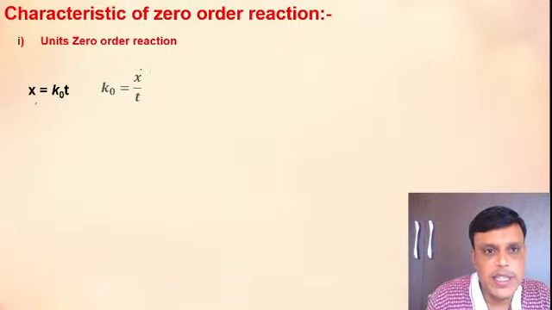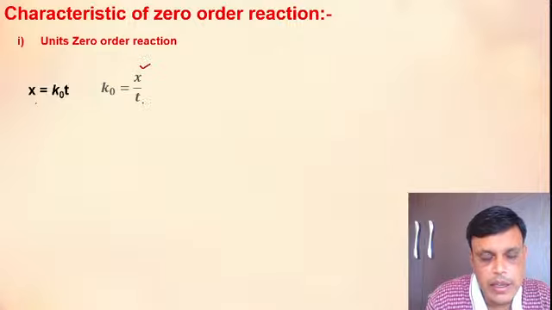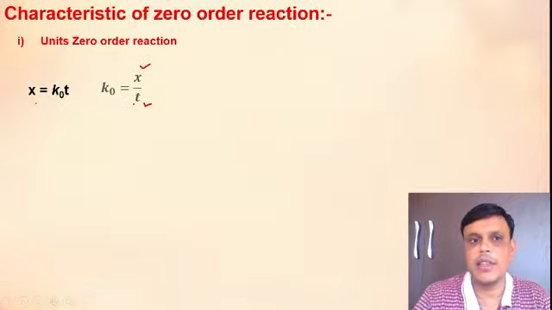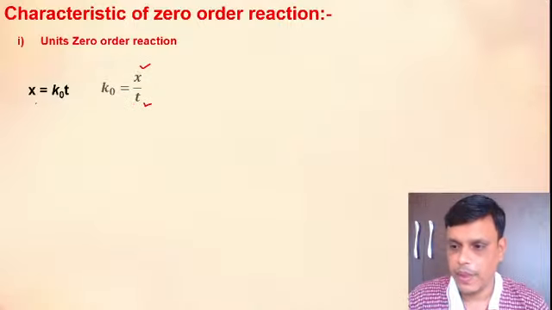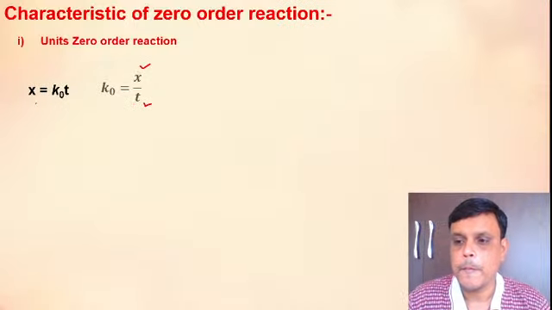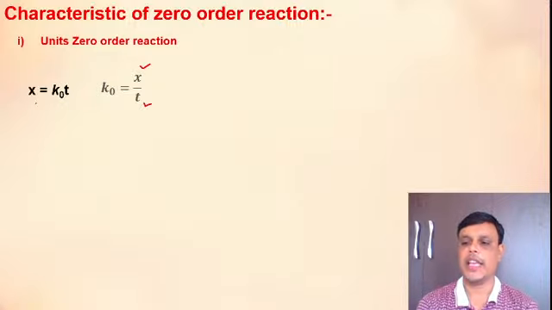So now here, what is x? Can anybody tell me what is x and what is t in this equation? We have rearranged that equation for k0, which is the integrated rate equation for zero order reaction.